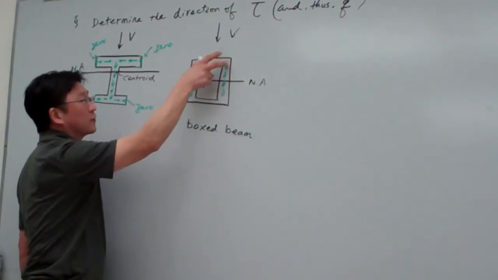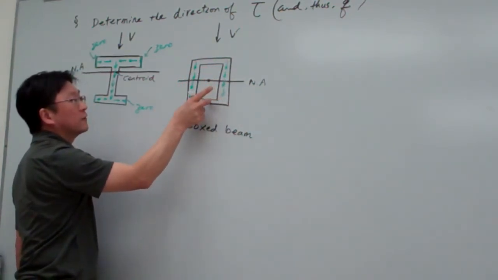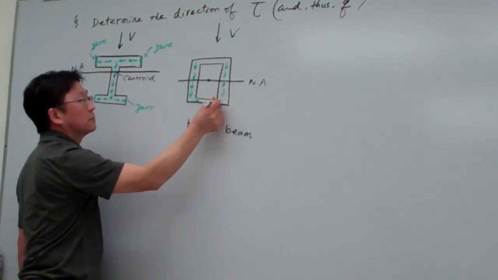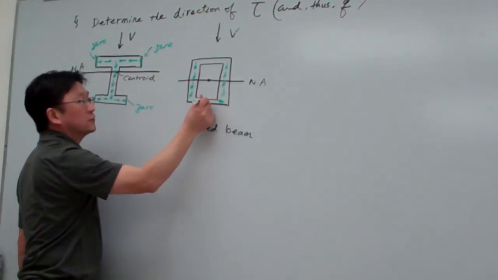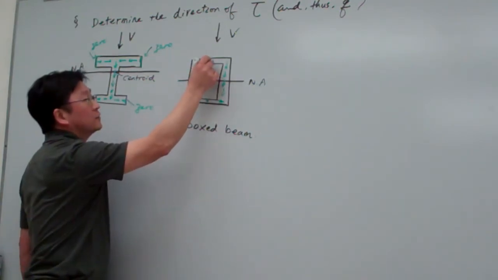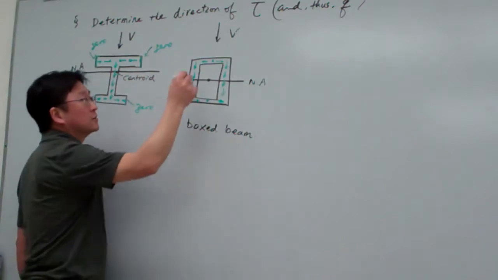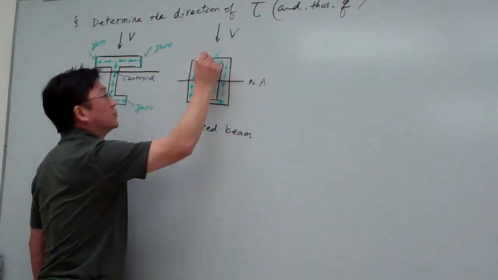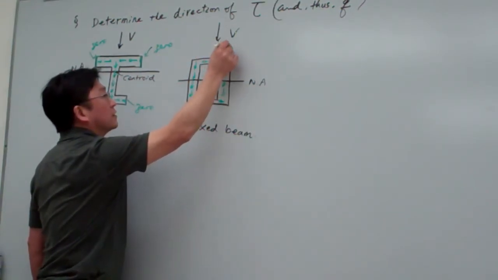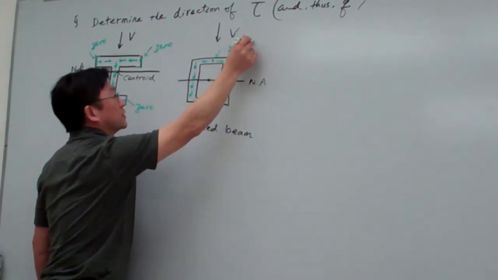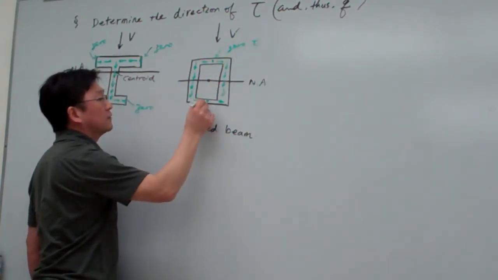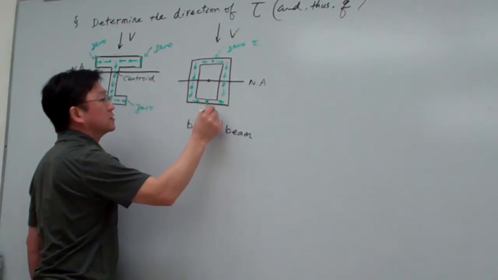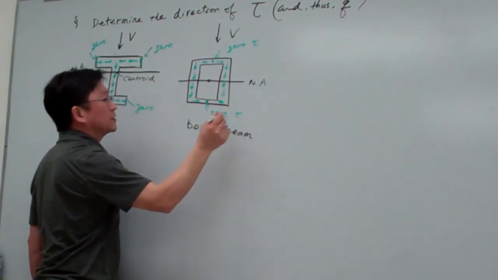So the shear flow goes to here, converges to this point, diverges from this point, and then moves around. So this point has zero shear stress, and the same thing here, this point has zero shear stress.